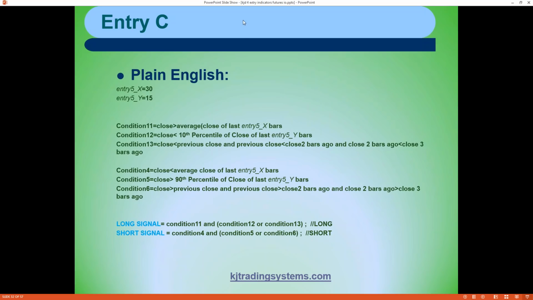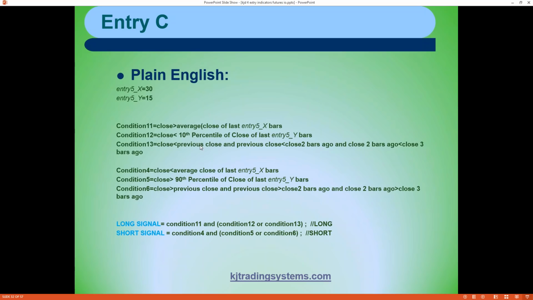So you're looking for the last 15 bars, the first or second lowest close, if that's where you're at. So it's 10th percentile is pretty low, right? So you're looking for something at that level or below. That's true or false. And then the other condition is the 3 bars down.